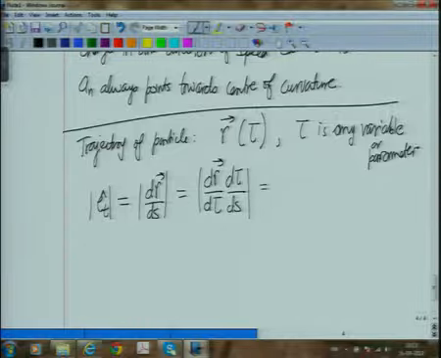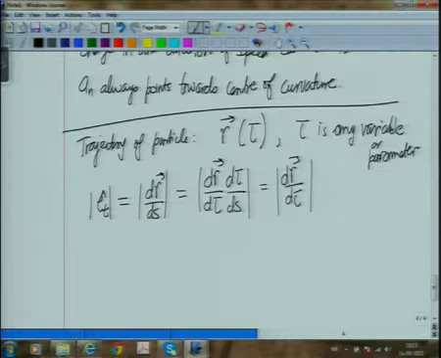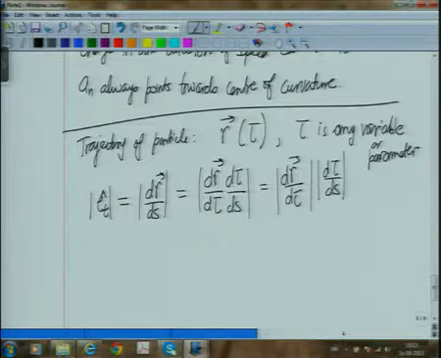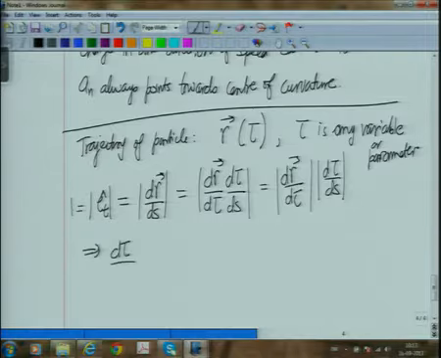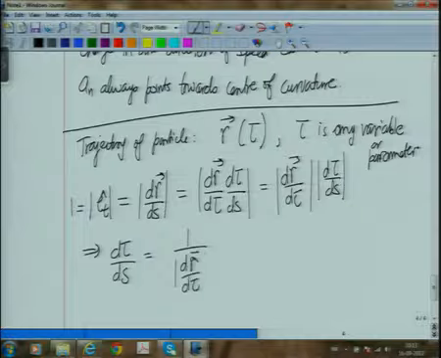So this I can write as magnitude of dr by d tau into magnitude of d tau by ds, and because magnitude of Et is equal to 1, whatever this variable tau is, its relation with s will be 1 over dr by d tau.